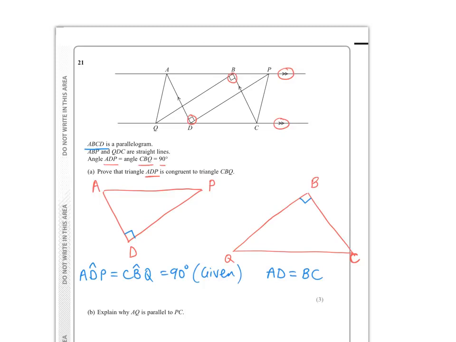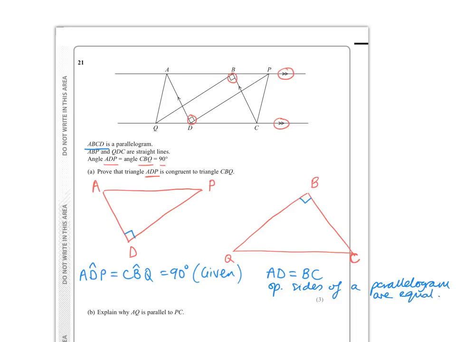Okay, so if I just show you this here, so A, B, C, D would mean that AD is the same as BC because opposite sides of a parallelogram are equal. There's quite a bit of writing to do in here actually. So opposite sides of a parallelogram are equal. I'll try not to write over the marks.